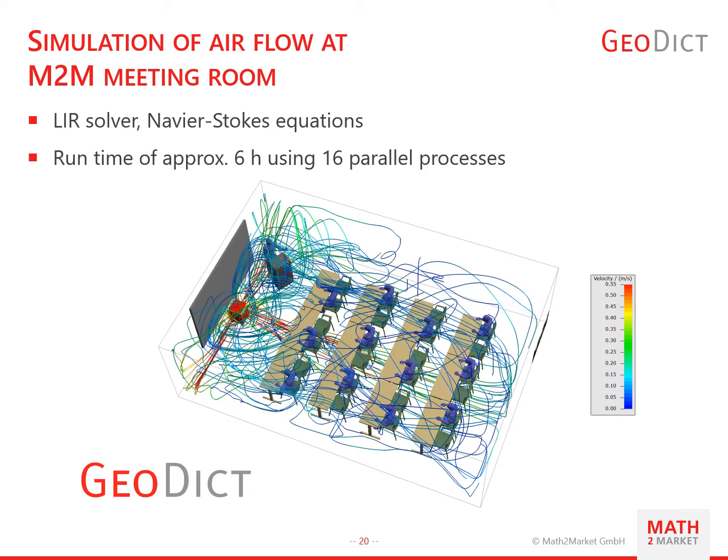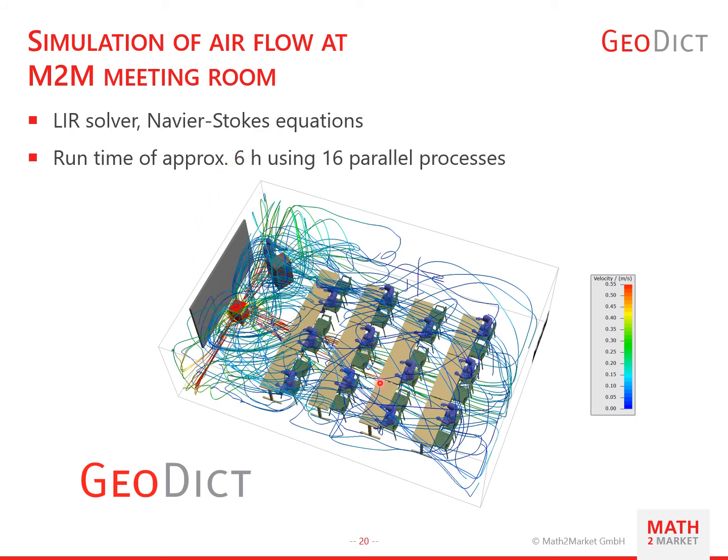So here we can see the initial airflow simulations without considering the aerosols or particles in the meeting room that we simulated using an air purifier, here shown with the red color in the front. For flow simulations, we use the LIR solver, which is based on adaptive grids, and we solved the Navier-Stokes equations.